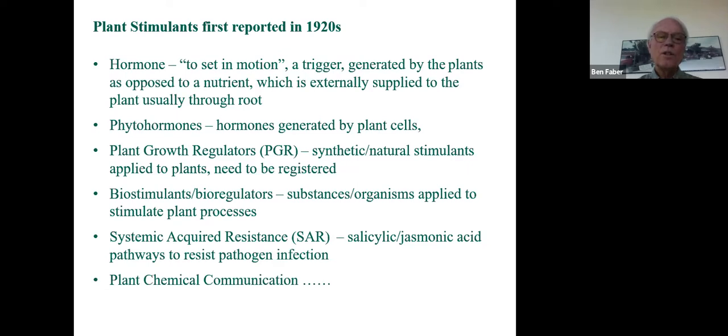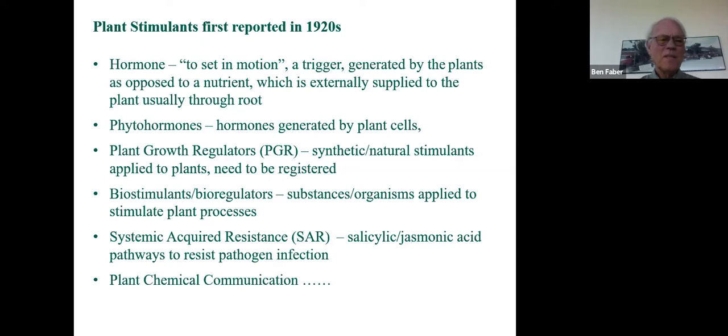There's a larger group of materials, biostimulants and bioregulators, that are also substances and organisms that are applied to stimulate plant processes. And these may not be naturally occurring. For example, hydrogen cyanamide is used to make deciduous plants appear to have gone through chilling requirement.